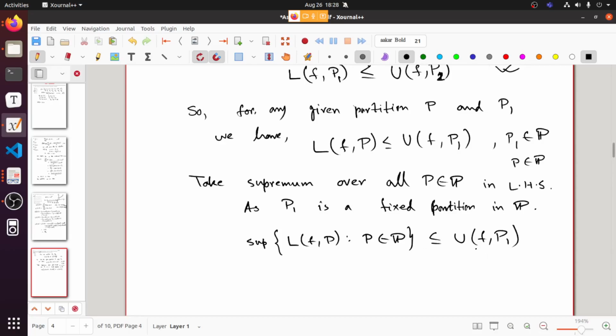This means that UFP1 is an upper bound of this set.